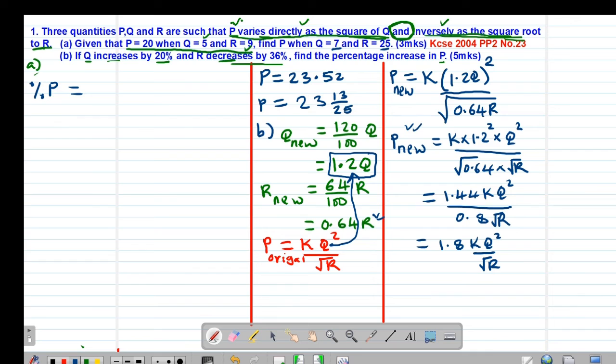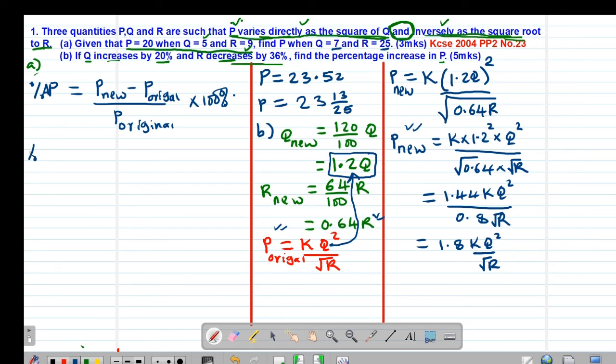The selling price will be our P new, then the buying price will be the original P. So the profit, or simply the change in P, you take the new value of P, then you subtract the original value of P, then you divide by the original value of P, which is the buying price, then of course you multiply by 100%. So this one should give you the percentage change in P.